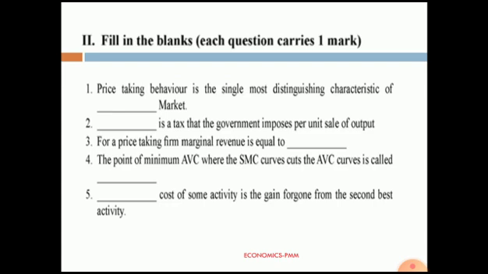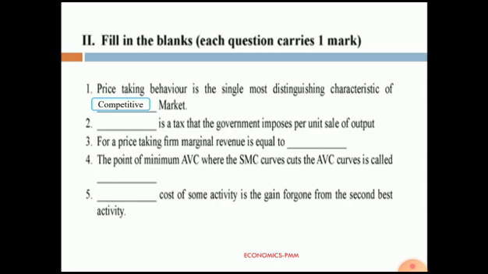So out of these types of market, which firm is called as price taking firm? So here price taking behavior is the single most distinguishing characteristic of competitive market, because large number of sellers are selling the commodities and large number of buyers are existing.